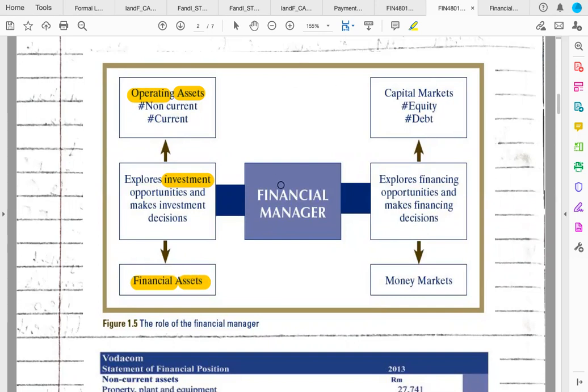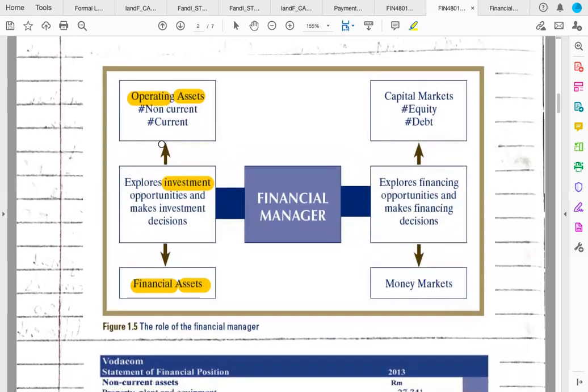So the financial manager has to help top management in making the best investment decisions. And then, remember, to invest you need money, and the money has to come from financing opportunities.